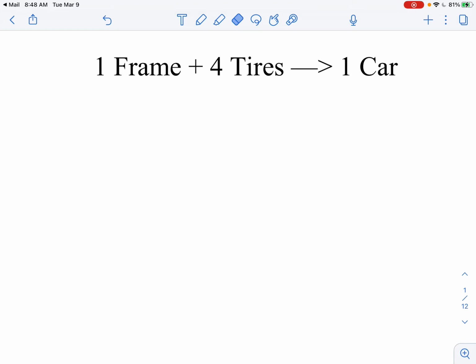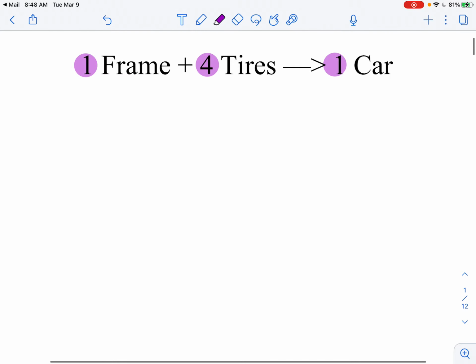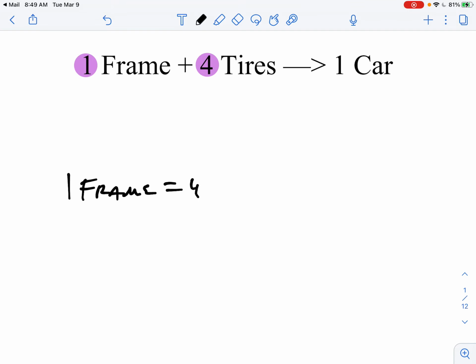But the simple basic idea is that if you have a balanced equation, then you can equate any two things that you care about in a particular problem. So if you want to equate frames and tires, you can say one frame is equal to 4 tires.